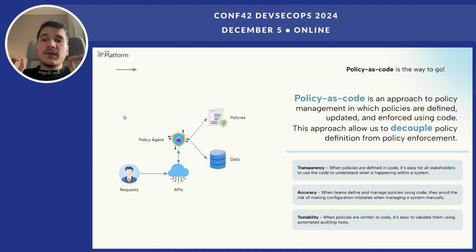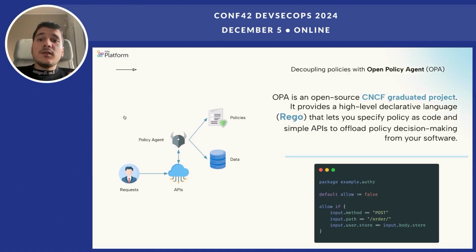This involves extracting the policy definition code into a separate repository from our application code and using an agent that sits between our APIs and the users to handle the enforcement of these policies. The tool that allows us to do this is Open Policy Agent, OPA, an open source tool graduated by the Cloud Native Computing Foundation, the CNCF, and it provides a high-level language called Rego for defining policies and an agent for the enforcement.